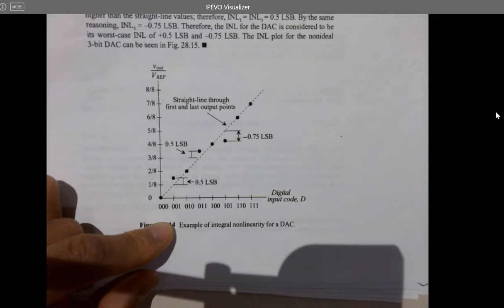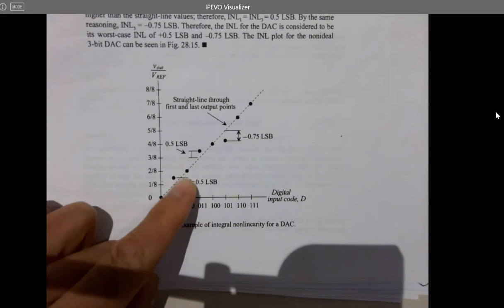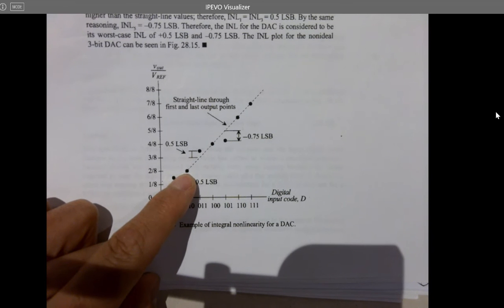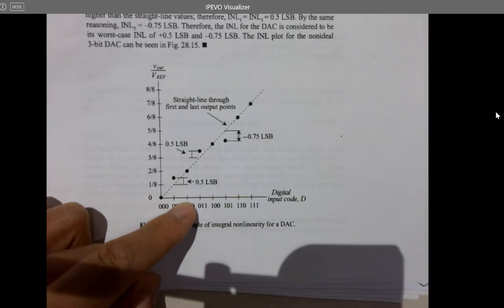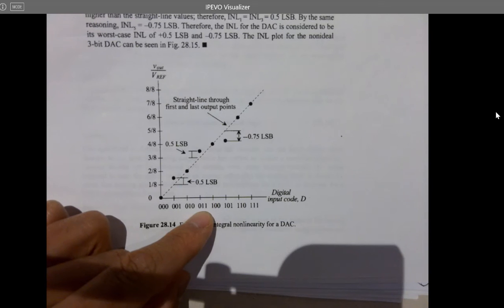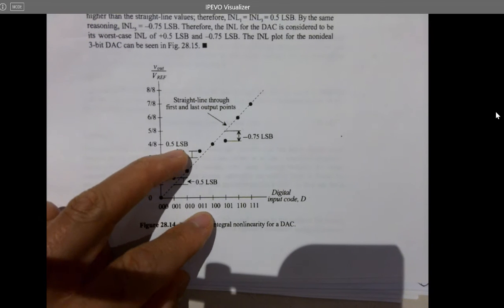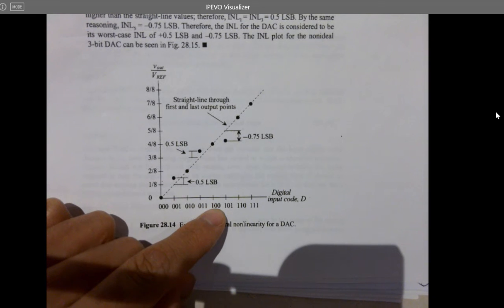What is INL 0? 0. What is INL 2? Zero. So this is right on the curve. No error. INL 3: 0.5. INL 4: 0.